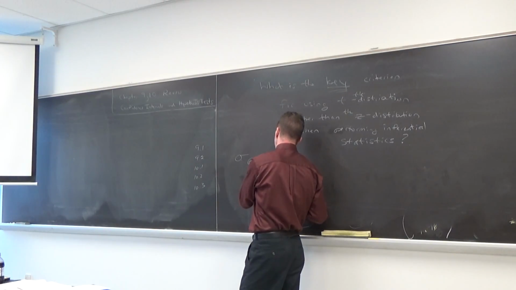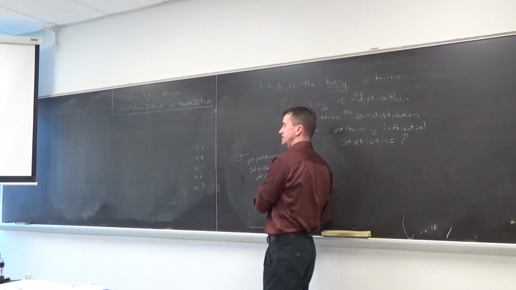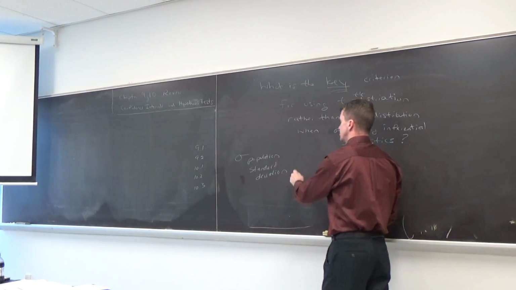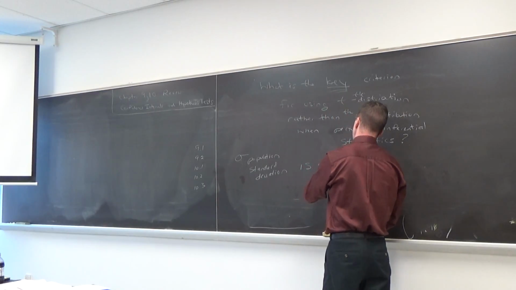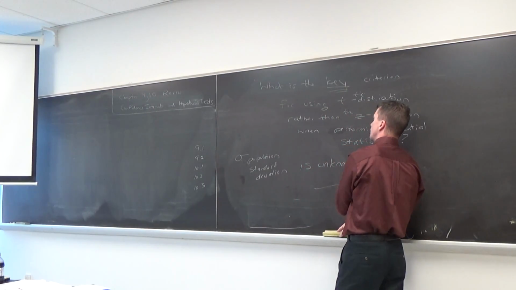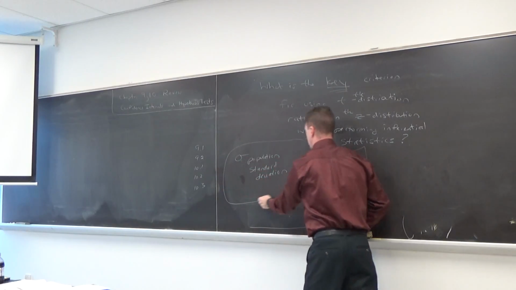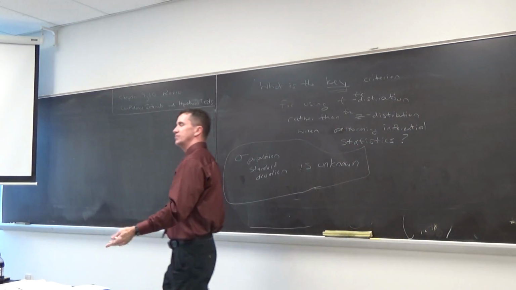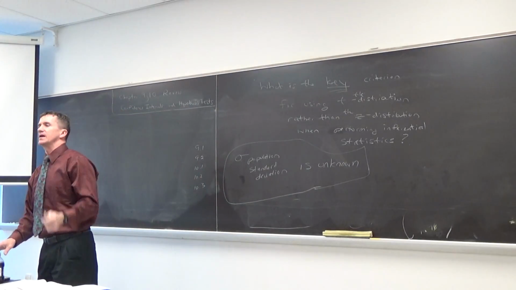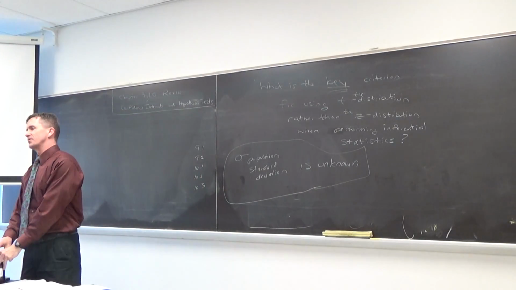And this is the key criterion. This thing was unknown. This was what caused the whole thing. So there's the answer. The population standard deviation is unknown, which really created this whole thing, going back to that fellow named Gossett, who worked for the Guinness Brewery.